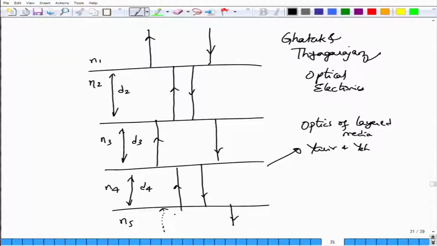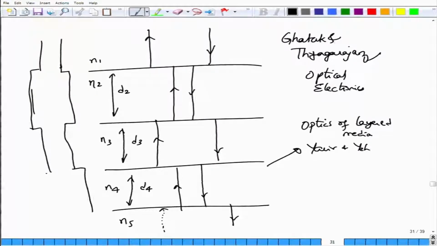One way to analyze this particular structure is to rewrite it as a transmission line. So, you actually have a transmission line here, connected to a different transmission line, then connected back onto another transmission line, then one more transmission line, and finally the last medium is considered to be a load, okay.